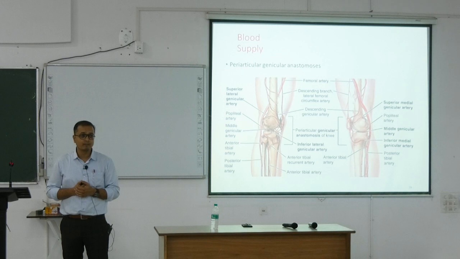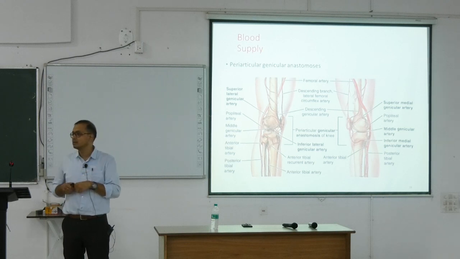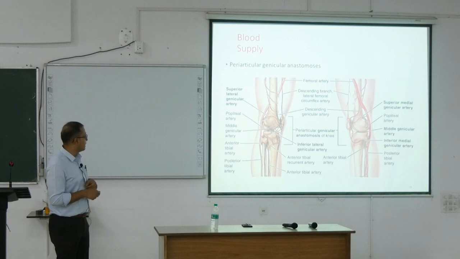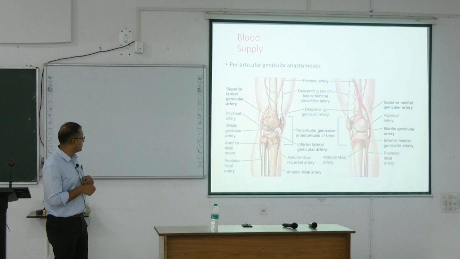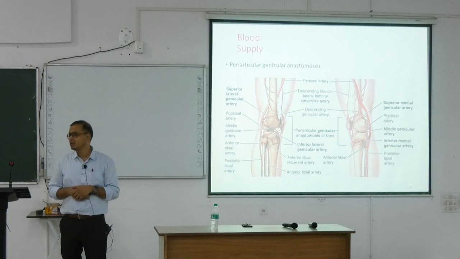The lateral femoral circumflex artery gives a descending branch that goes down through this region and comes through here. We call it the descending branch of the lateral femoral circumflex artery, which also comes from above and contributes to the arterial anastomosis around the knee joint. So in short, we have a knee joint anastomosis.